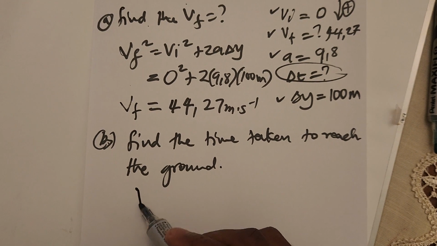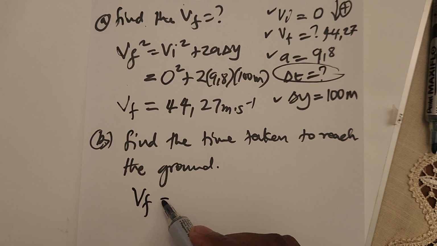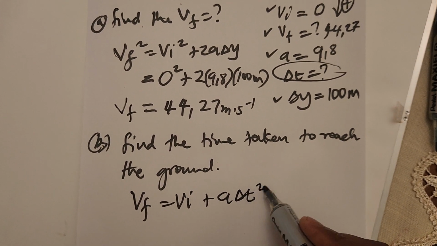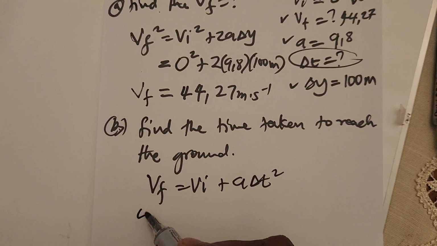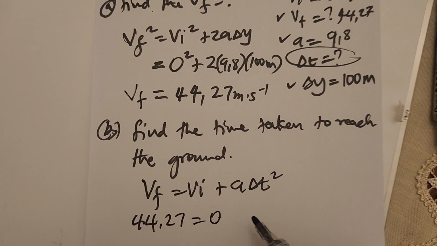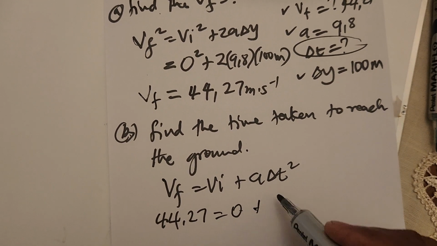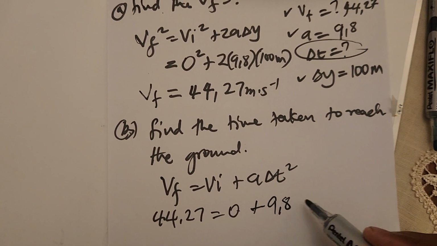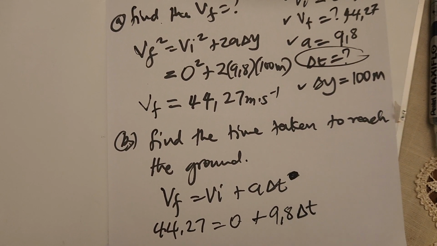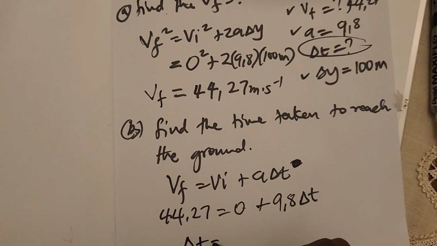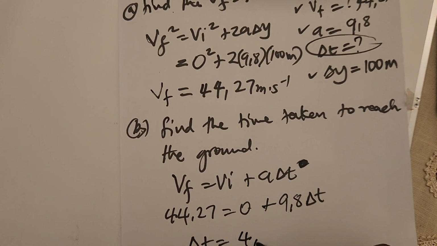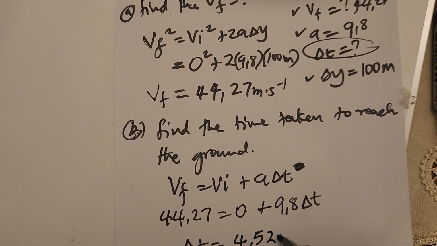The first formula says Vf equals Vi plus A delta t. Vf is 44.27 equals Vi is 0, and then plus A, which is positive 9.8 multiplied by delta t. Sorry, there's no t squared, just delta t. Then from here you use your calculations. Then delta t will be 4.52 seconds.